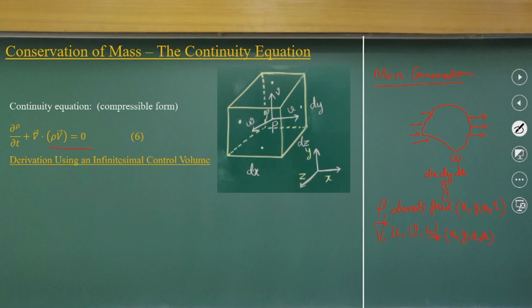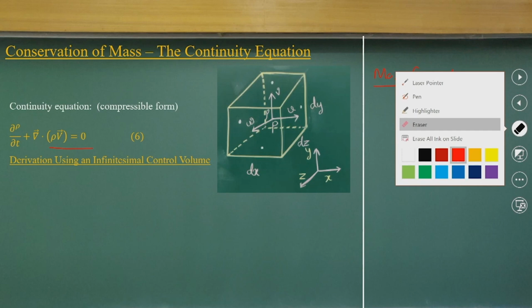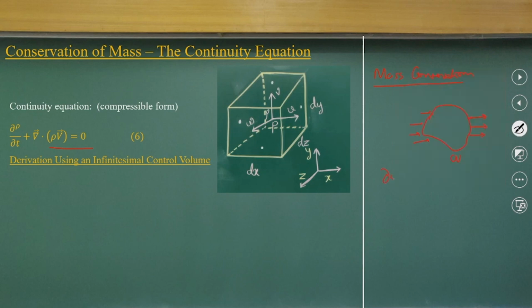That indicates there are two components in this basic equation. One of the components, if you look at this part, is the change of the mass per unit volume in any control volume. That is what comes as the partial derivative of rho with respect to t.